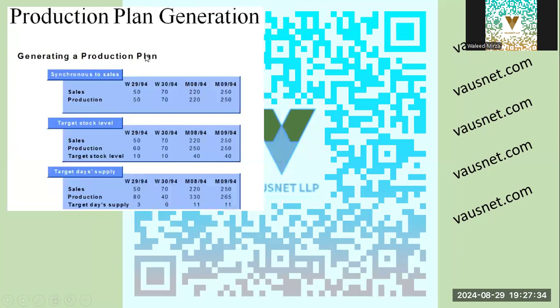We generate a production plan, and this is a little bit technical. In week 29, the sales were 50, the production was 50, synchronous to sales. Week 30, 70, 20, 20, 50, 50, it is synchronous to sales. Target stock level: now basically, sales were 50, production was 60. Your target stock level is 10 remaining back.